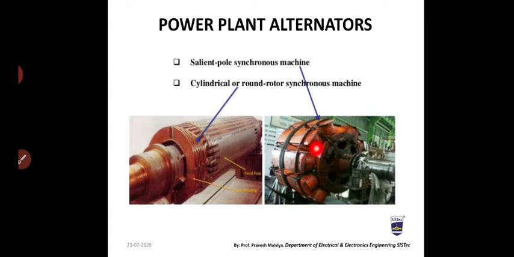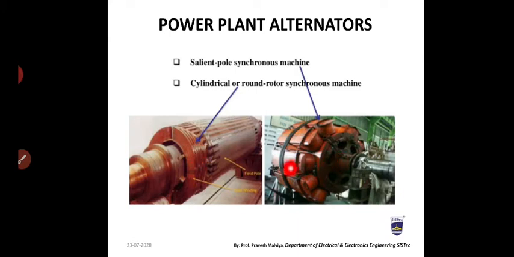So if we compare the torque requirement of these two rotors, we see that the cylindrical rotor's length is quite long, but its diameter is smaller as compared to its length, so it needs quite less torque.